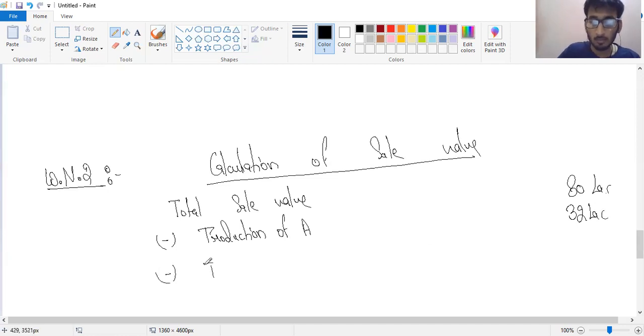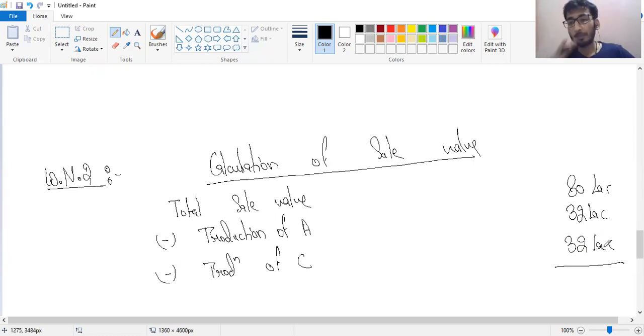Then the production of C, it would also be maximum up to 32 lakh. Now, how much is left? We are left with only 16 lakh. So basically, total sale value left is 16 lakh. We have produced up to this much, 64 lakh.